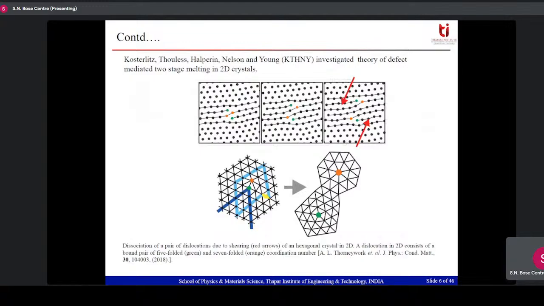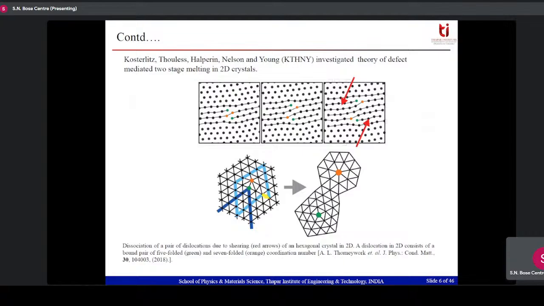It means that at a very low temperature in 2 dimensions, mostly the arrangement of the particles is hexagonal. But there are defects. Even at very low temperature, it doesn't matter how low, there are defects. And these defects appear in the form of something called dislocation pairs. So one dislocation is a pair of 5 and 7 coordinated particles.